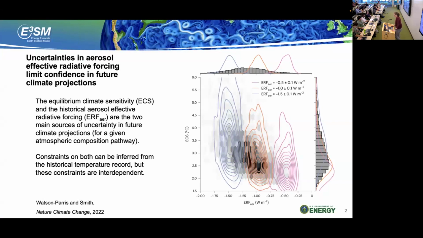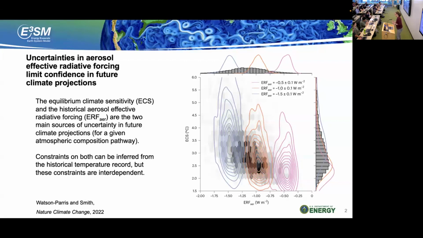And because we use the historical temperature increase as a way of evaluating whether the climate model can adequately reproduce the response to climate forcings, there's a combined effect over that time period of both the climate sensitivity of the model, so the response to greenhouse gases, and the response to aerosol forcings.